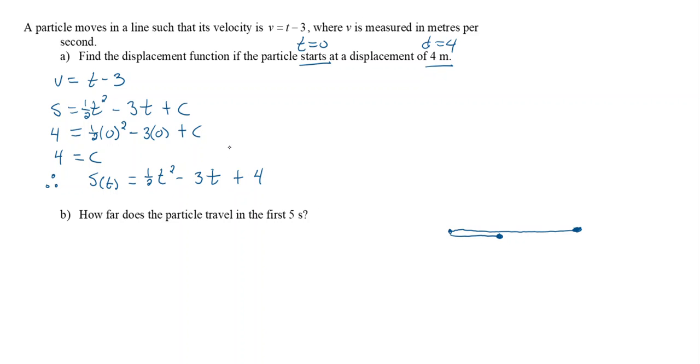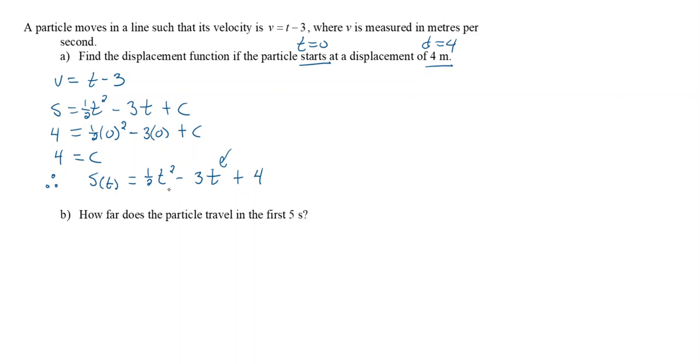If I just plugged in 5, that would give me my displacement from here to here. But by the wording of this question, it seems like what it's after is the distance from there plus the distance from there to there. This can be a little bit trickier, so we have to be careful.